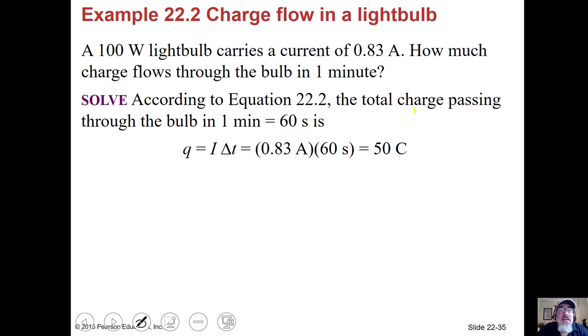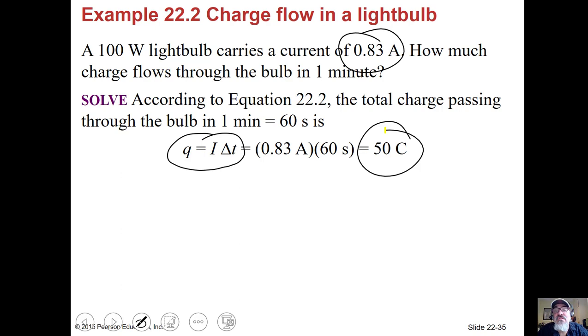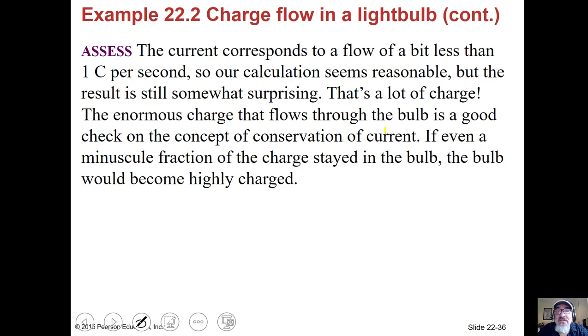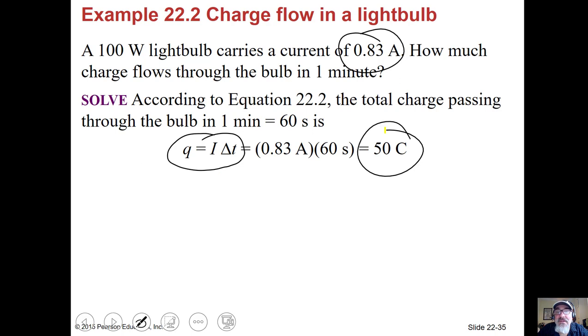Here's an example. A 100-watt light bulb carries 0.83 amps. How much charge flows through it in 1 minute? You could take the formula for current, which was charge per time, and solve for the amount of charge. So 0.83 amps, and an amp is a coulomb per second. Multiply it by 60 seconds to get 50 coulombs of charge. That's a lot of charge, actually. That's a lot of electrons, I should say.